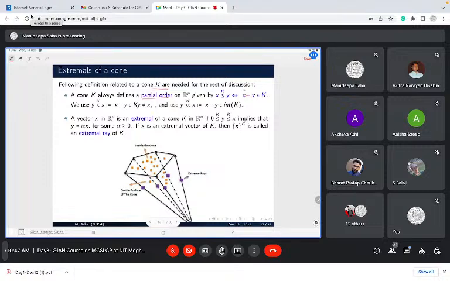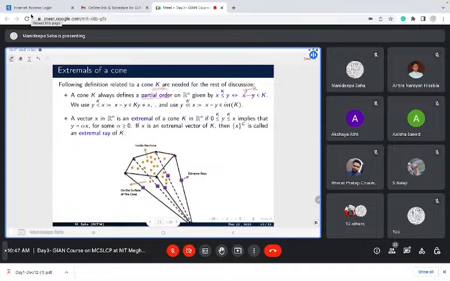So y minus x will belong to K. One can see that this is reflexive, antisymmetric, as well as transitive. So one can see that this forms a partial order.